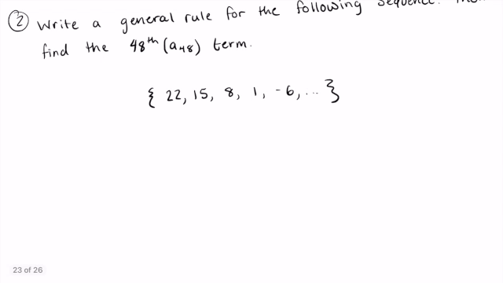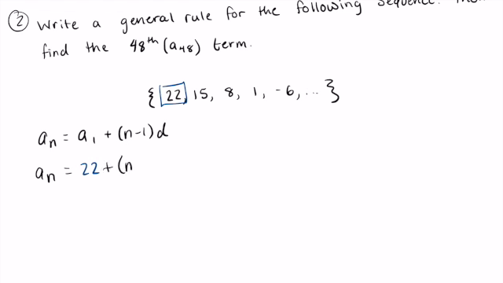What if I had: write a general rule for the following sequence and then find the 48th term? Well, again, I have a sub n equals my first term plus n minus 1 times my common difference. Plugging in my first term to my equation, I have a sub n equals 22 plus n minus 1.